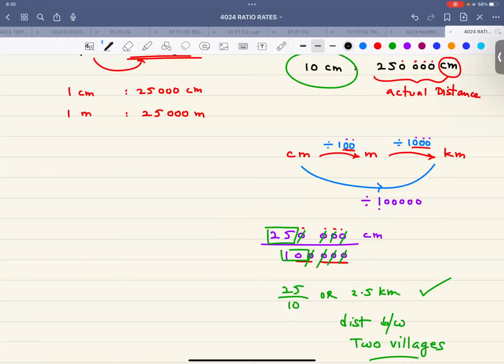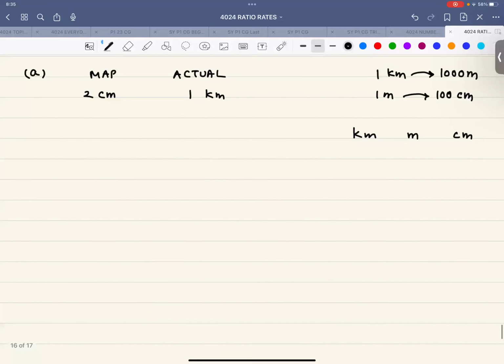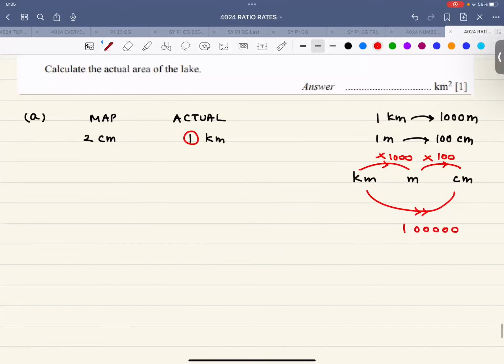Instead of division, it's multiplication. So go this way, that is multiplication by 1,000. Go this way from meters to centimeters, that is multiplication by 100. Therefore, this means multiplication by 5 zeros. So 1 kilometer is 1, 2, 3, 4, 5 zeros of centimeters. So now 2 centimeters is 500,000 centimeters.